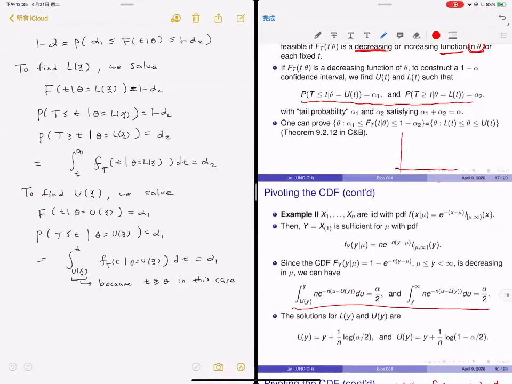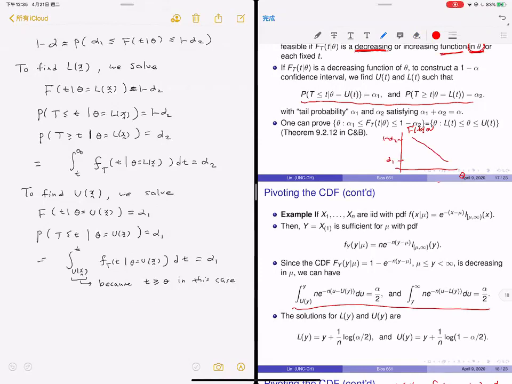We are looking for the CDF as a pivot. Then we are looking for a decreasing function. I've been saying many times, it's a decreasing function of theta. And then you have alpha 1, alpha 2, alpha 1, and then 1 minus alpha 2.